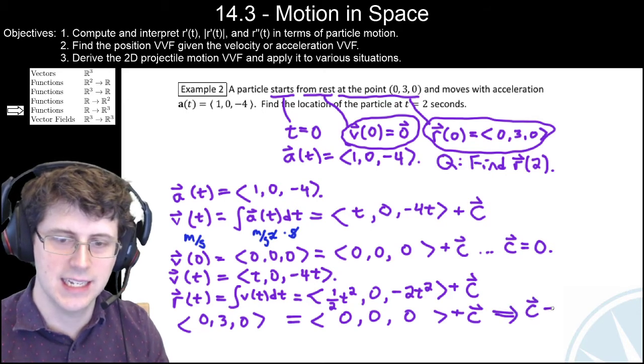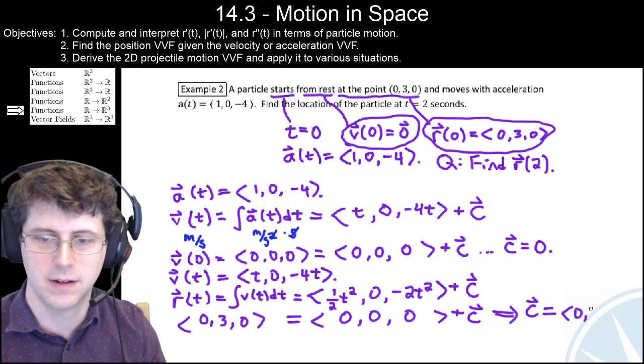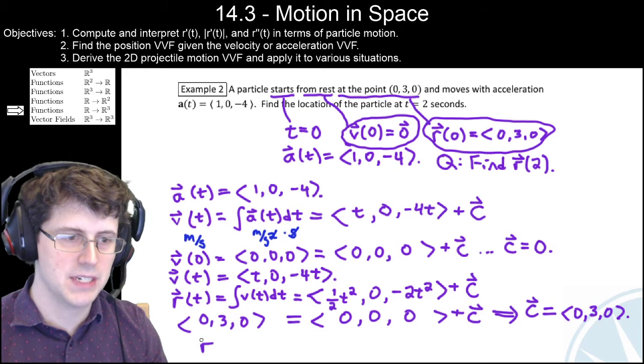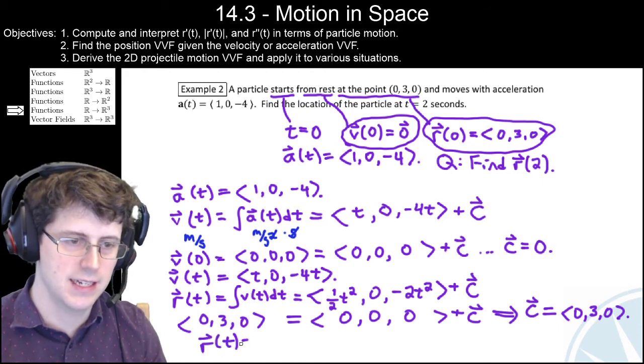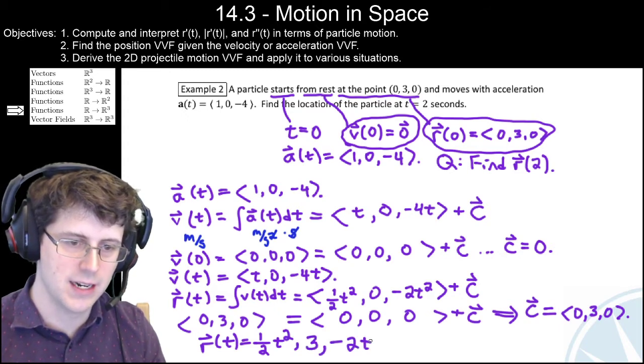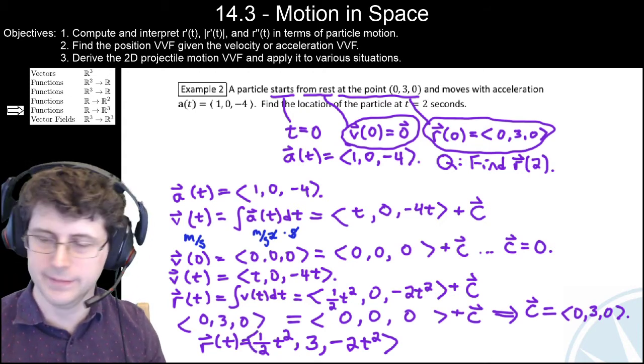It means that c is this 0, 3, 0. So my position function is actually half t squared, 3, minus 2t squared. And this is the vector valued function for my position.